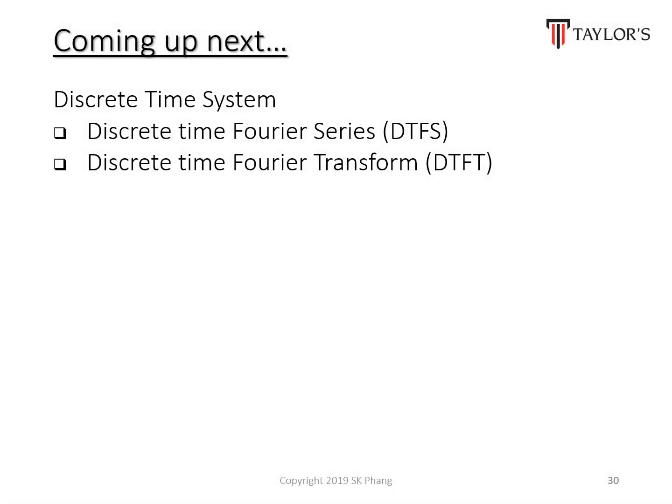For the next lecture, we will talk about the discrete time Fourier series and the discrete time Fourier transform. Again, this is a subset of what you have learned these two weeks, except that, as the name itself infers, it applies to discrete signals. In the Fourier series or Fourier transform, if you notice, your time domain signal is always continuous, whether it's periodic or aperiodic.